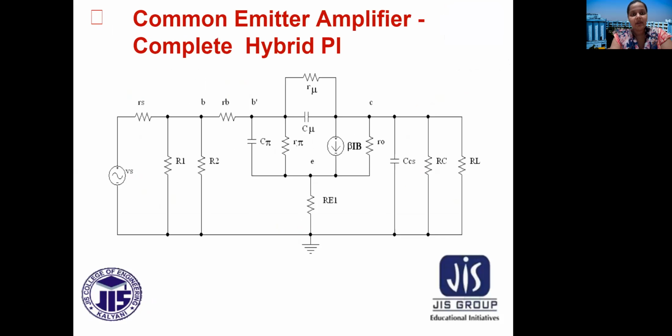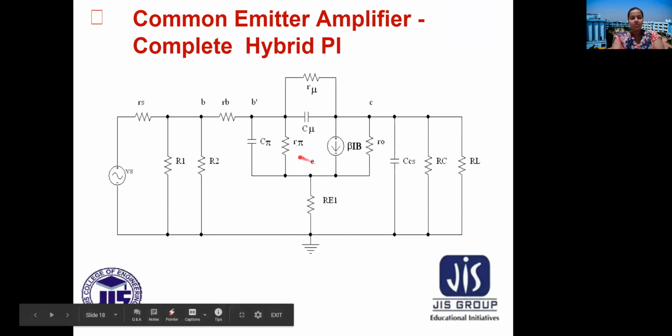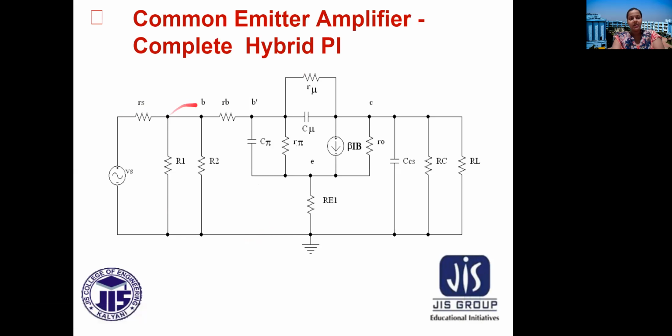Common emitter amplifier, complete hybrid pi. Common emitter amplifier. So this is the emitter terminal, which is common to both base and collector terminal. This part is the potential divider for base. This part is the collector, collector capacitor and collector resistor, and this is the load resistor, and this particular part is the emitter portion.